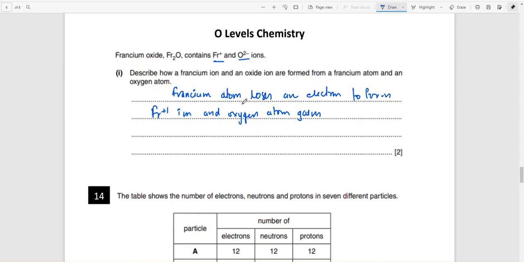In fact, a francium atom loses one electron, so there are 2 atoms of francium. They're just asking how francium and oxide ions are formed. The oxygen atom gains 2 electrons, one from each francium atom.